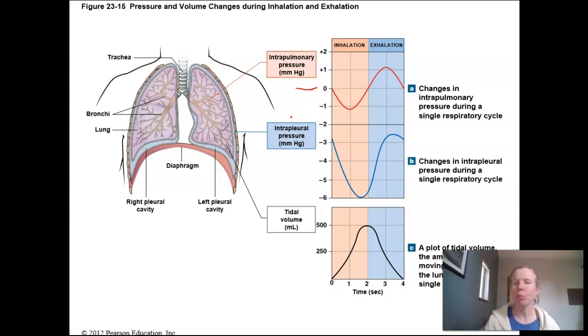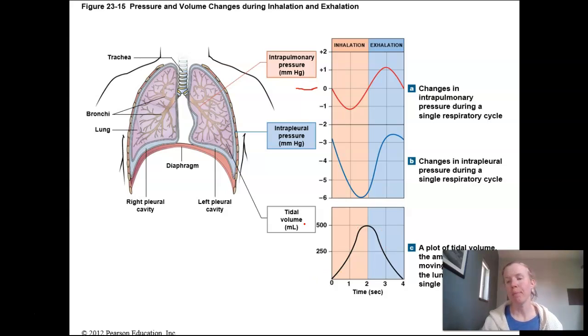Notice also the interpleural pressure. In that in-between space between the pleura, we get a little bit larger swings in pressure. There's a real suction between those two layers. And then this final one is showing us the volume of air that we're able to move in and out of the lung.